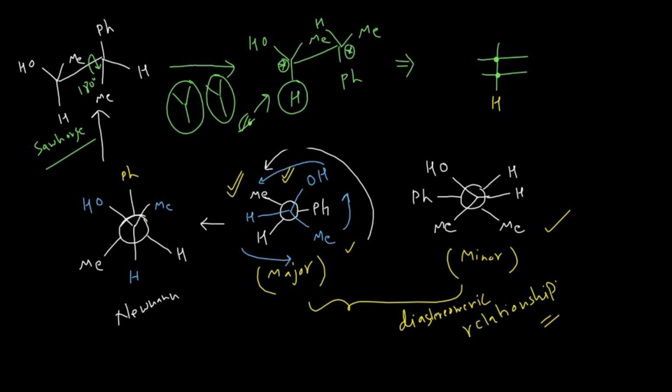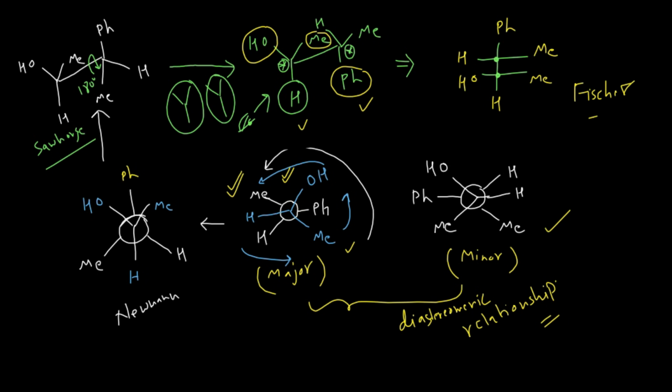On the left hand side, your OH is there, so you can write OH, and on the right hand side, you have Me, so you can put Me here. And you see this Ph and this H are anti to each other. So you can put this Ph here, and on the left hand side of the Ph we have Me, and on the right hand side you have the H. This is your Fischer formula.